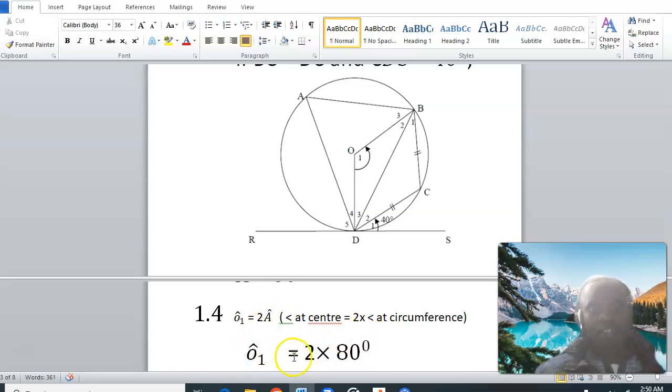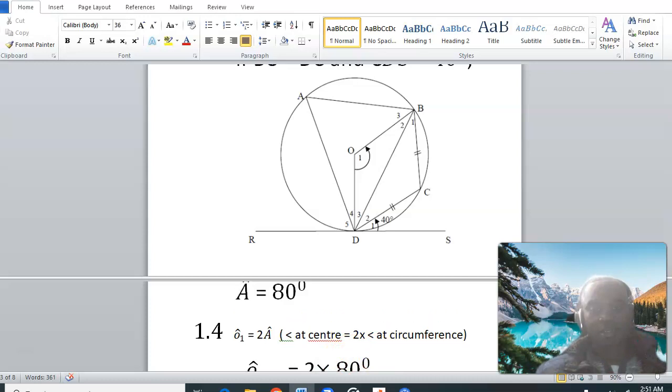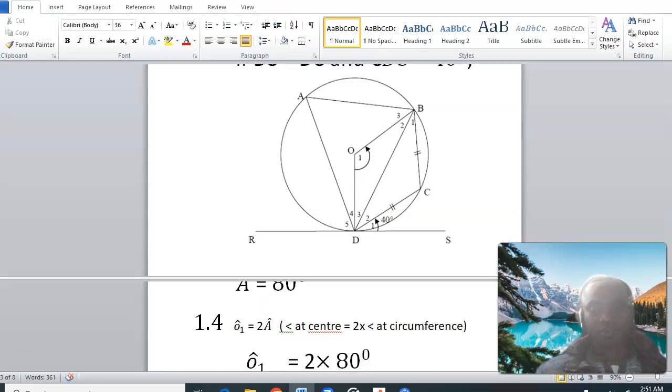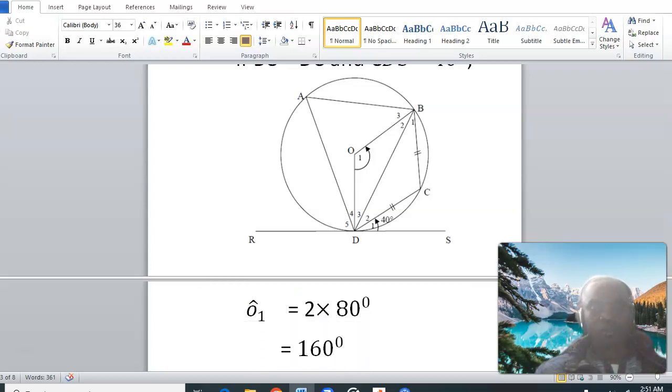So O1 is equal to 2 times A. But we already know A to be 80 degrees. So 2 times 80 is going to give us 160.